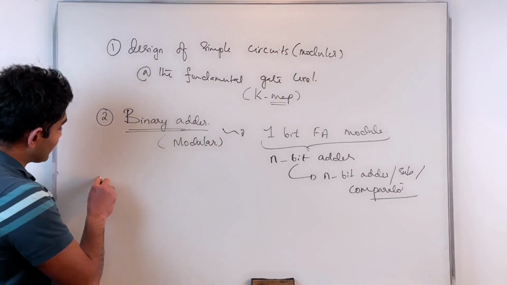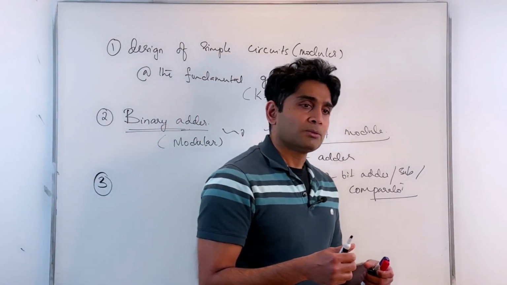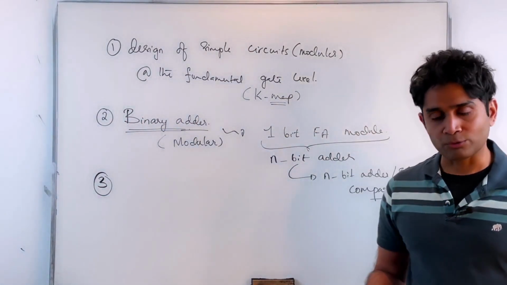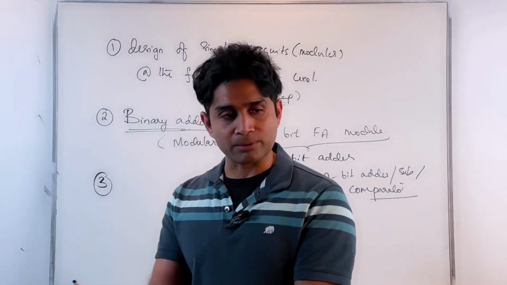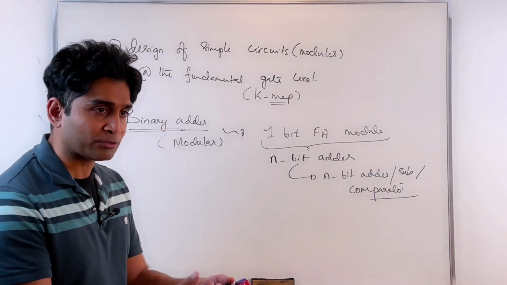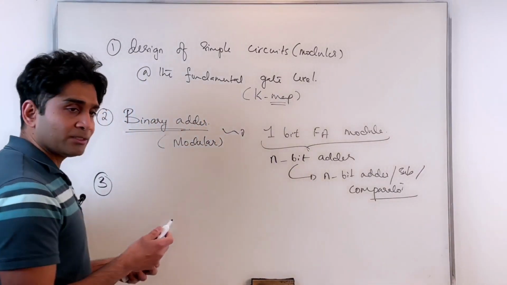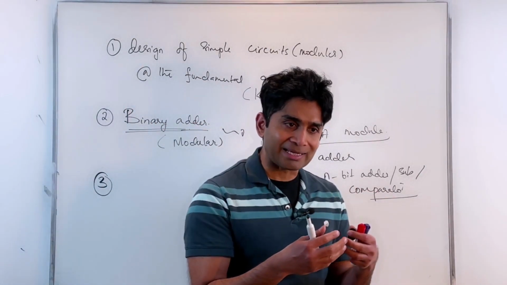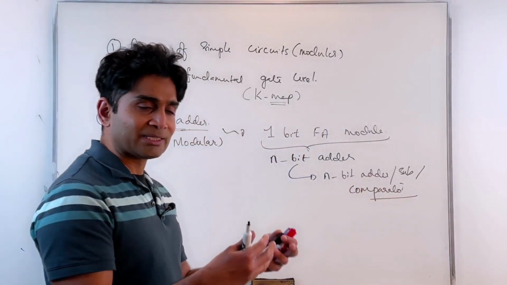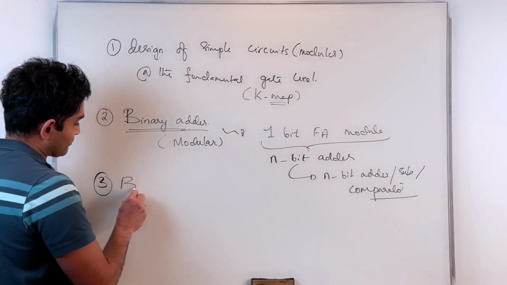Now, the third way, again extending from this concept, was to apply pre-made modules, modules that you're not designing by yourself, but are available as pre-built modules that you can buy off the shelf, if you will, and map your function to those modules or utilize those modules to build your function. And this is exactly what we have done for the design of the BCD adder.